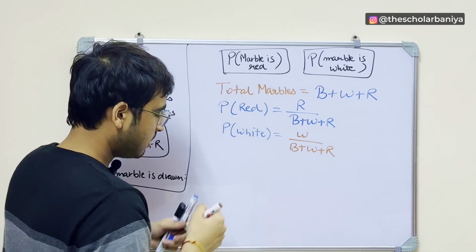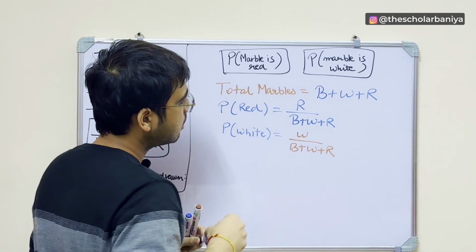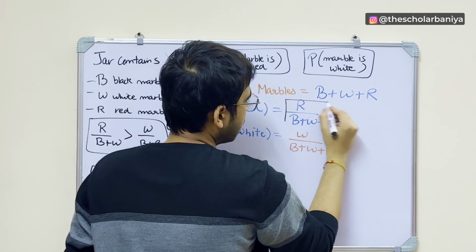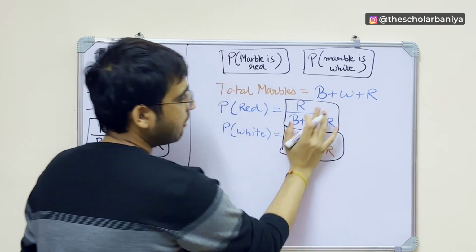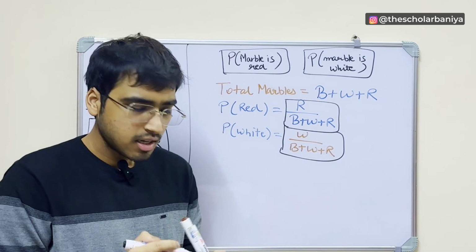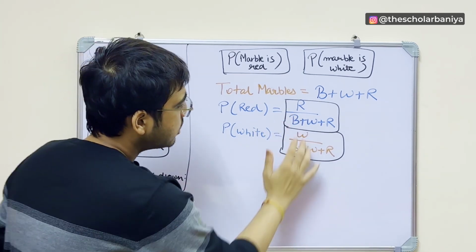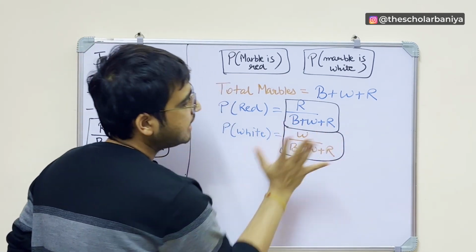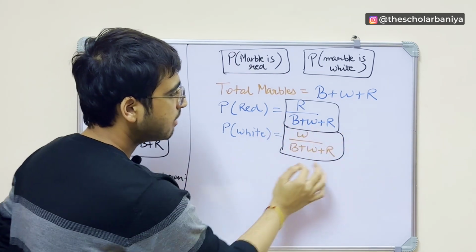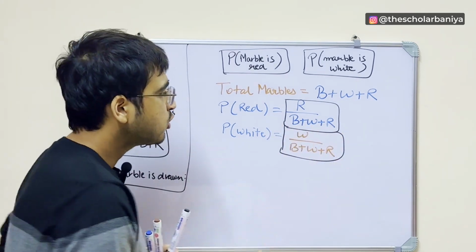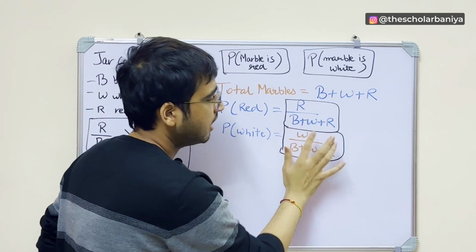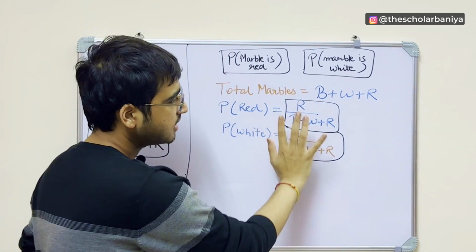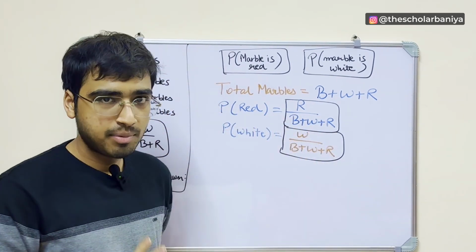So basically, this is one part, right? And this is one part. And we have to compare these two things. So if you see in these two things, the denominator is exactly the same, which is B plus W plus R. So we only have to compare the numerator, which is R and W. For example, if R is greater, then the probability of red becomes bigger.